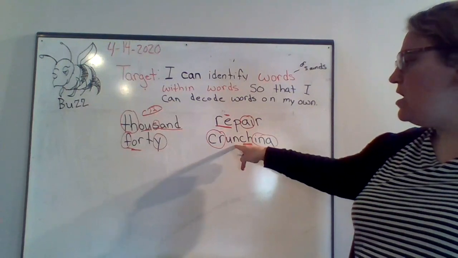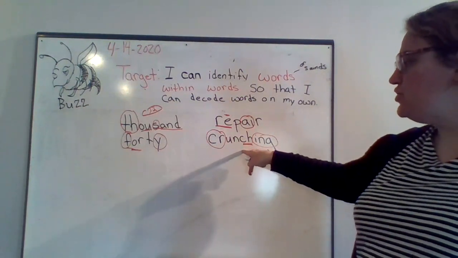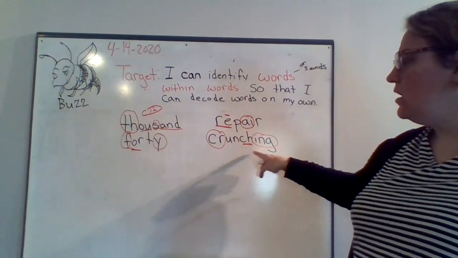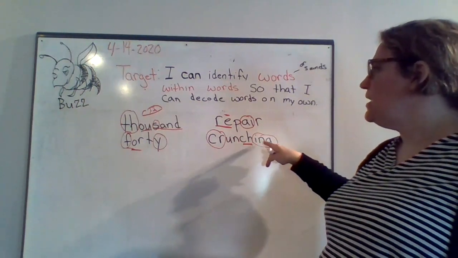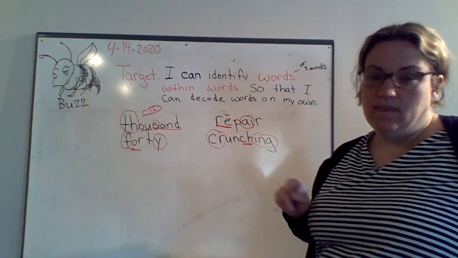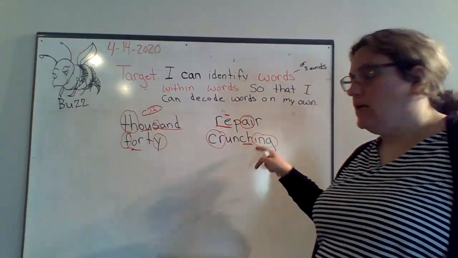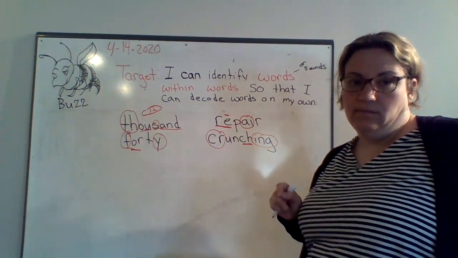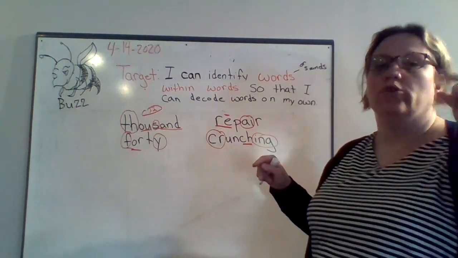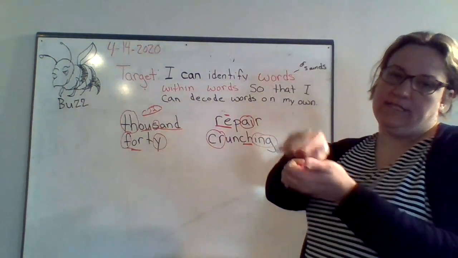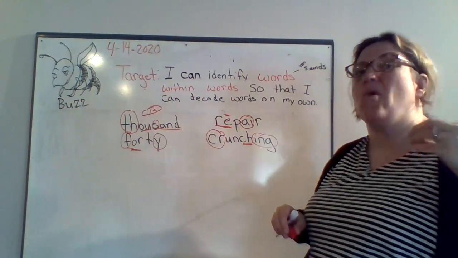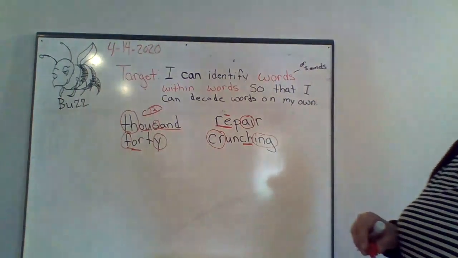Cur, un, ch, ing. What do you think? Crunching. When you crunch on something, or you're crunching something down, yeah. My son, he's crunching on his cereal right now. I can hear him going, right?